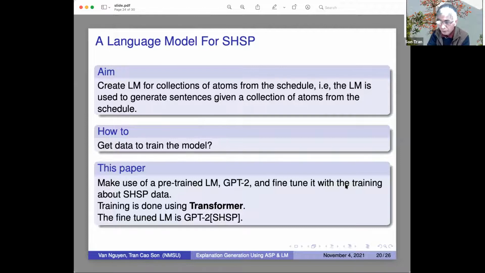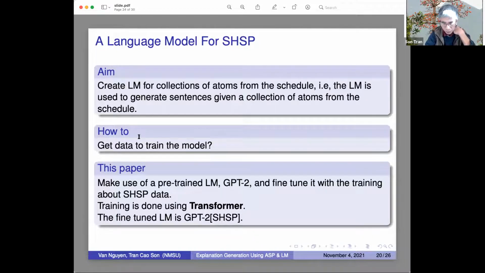And so now, as I mentioned at the beginning, we want to use a language model to generate a sentence. So first of all, we have to have a language model for the collection of atoms from the schedule, right? The key question here is, how do we get the data to train the model, and how do we train it?